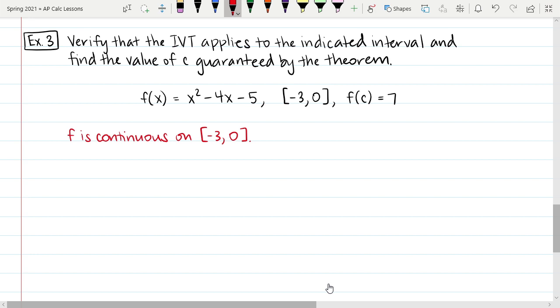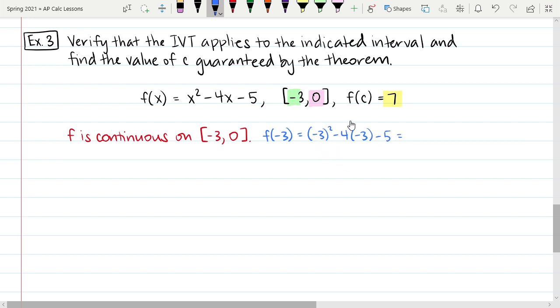Now remember, the second condition, we have to make sure that k, which in this case is 7, is between f of a, where a is -3, and f of b, where b is 0. So let's find f of -3 and f of 0. f of -3 is (-3) squared minus 4 times (-3) minus 5.